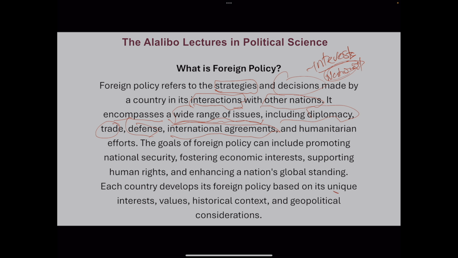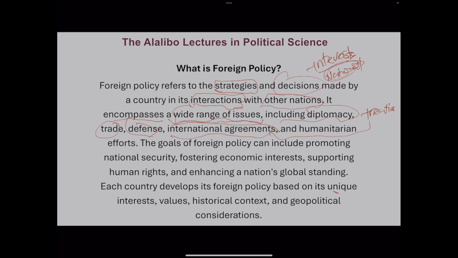This is where treaties come in. Please take note, let's put that here: treaties, under international agreements. Humanitarian efforts come in here as well, where there is a crisis. How do countries react to those crises? Some countries will take in refugees. They will extend their hand to take refugees as part of their overall foreign policy, to be seen as humanitarian, as a country that is caring and so forth.